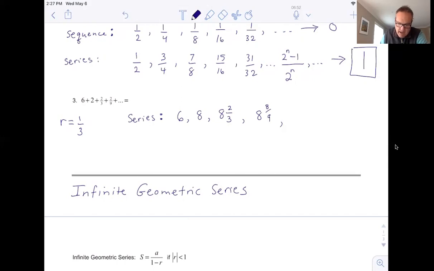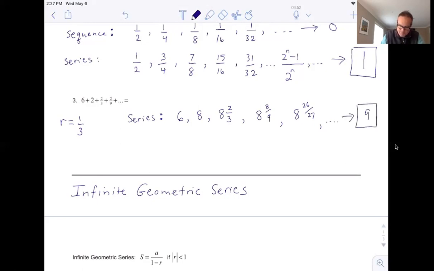And then after that, you're going to be adding 2/27, which is going to be, believe it or not, 8 and 26 out of 27. And I think you can see, we're not really going to get above 9, are we? You can see that you're going to get really, really close to 9. That's what it's getting close to.